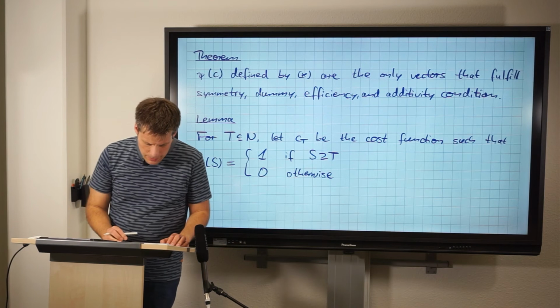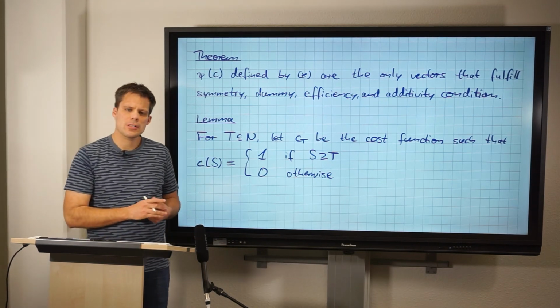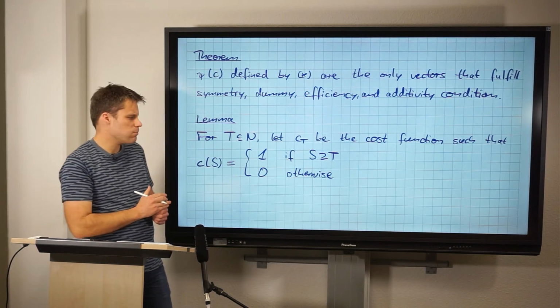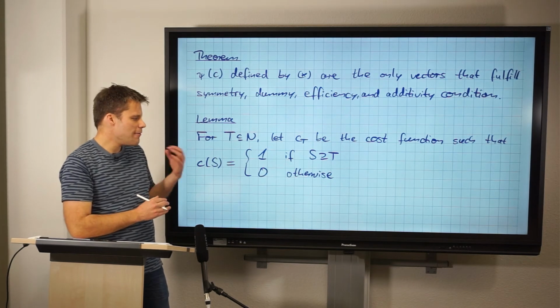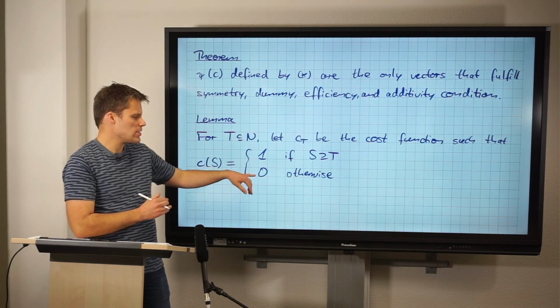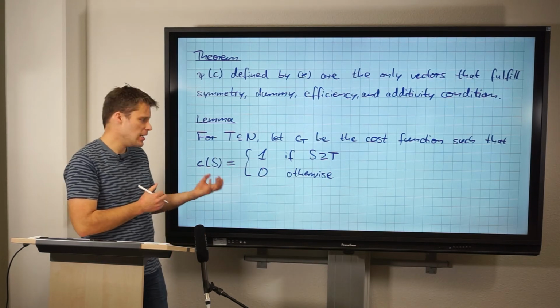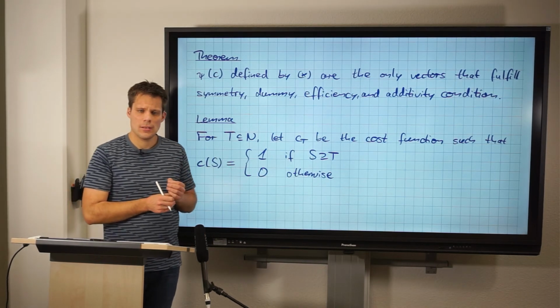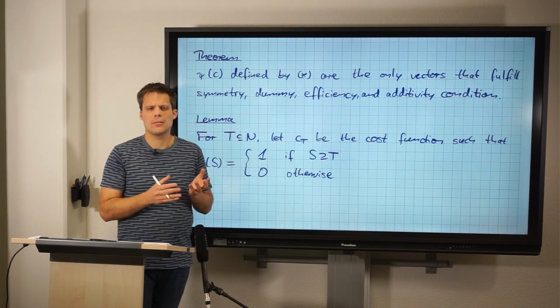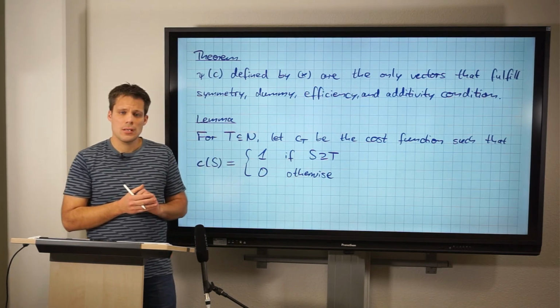This might not be the most intuitive cost function because now every set of agents costs nothing unless it contains the set T.